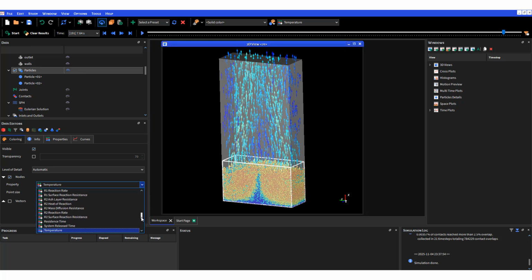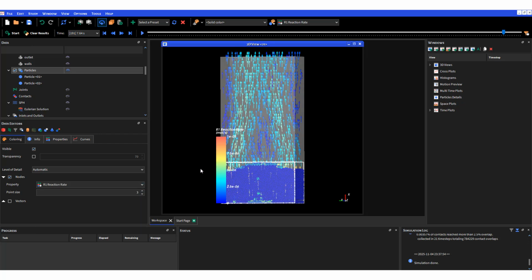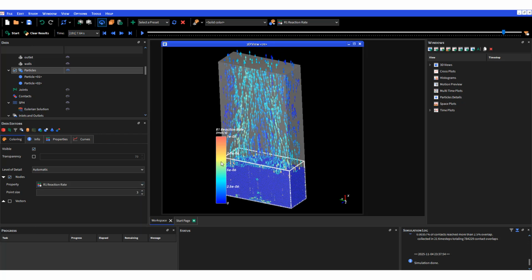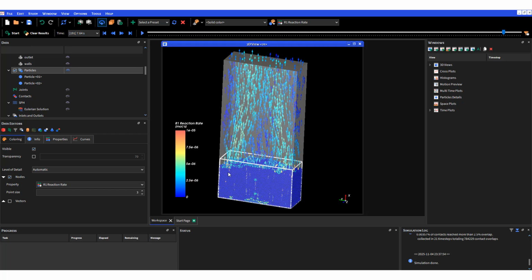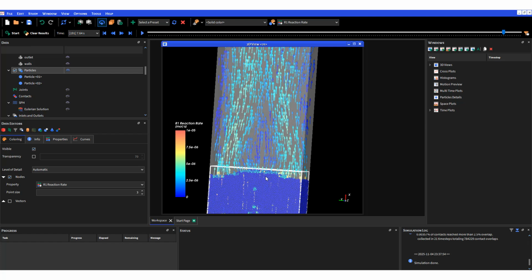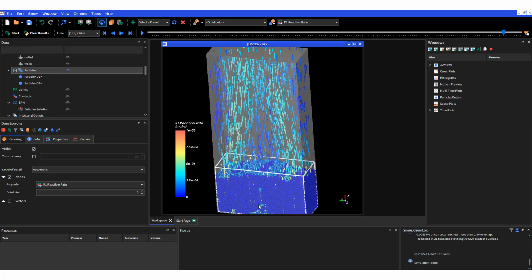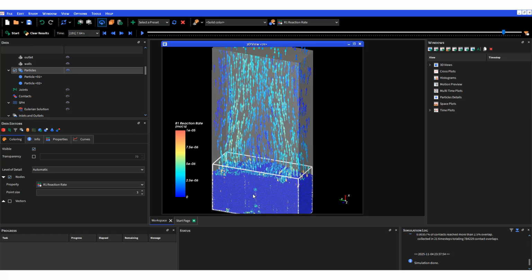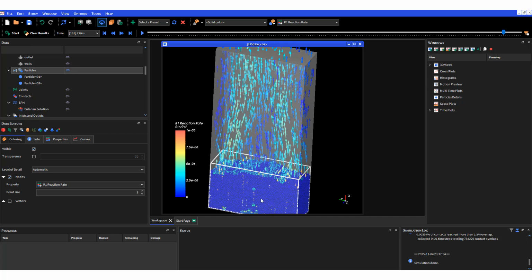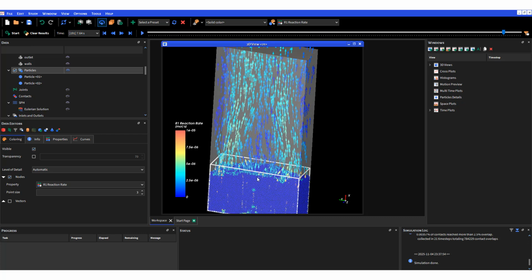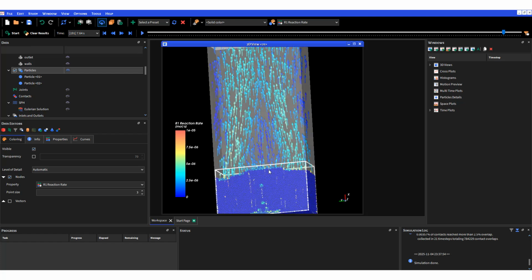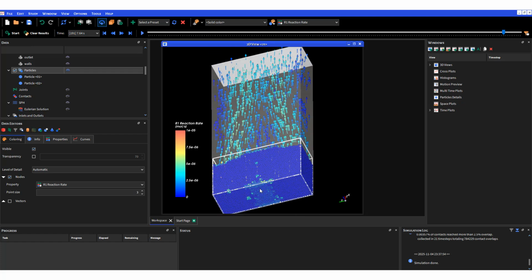So if I basically select reaction rate, we can visualize where the reactions are more predominant. The reaction rate for C oxidation with O2 forming CO2. So you can see it's basically where we have more interactions with the air flow, especially in the open regions or close to the bottom.